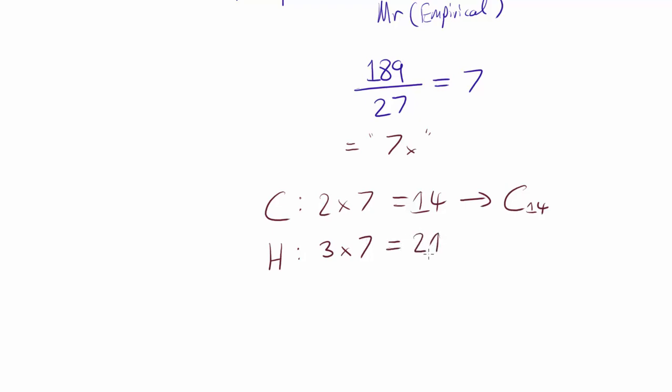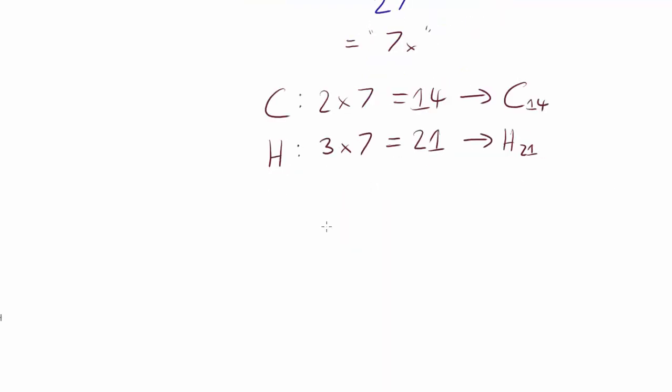So in the case of hydrogen, we're going to have H21. And so if we now consolidate that, we get C14H21, okay? And that is, in this case, our molecular formula, right?